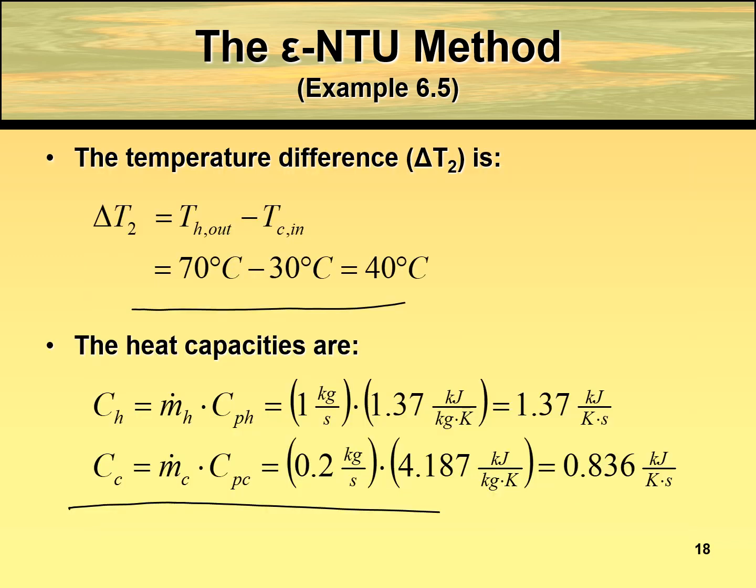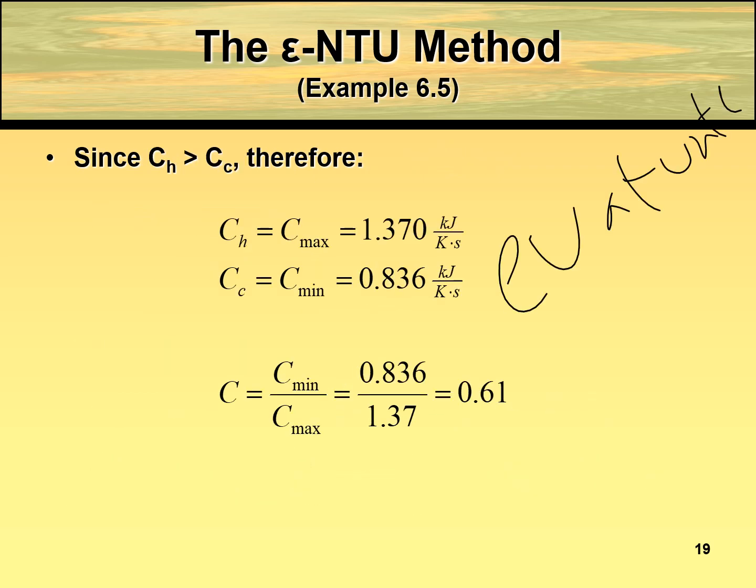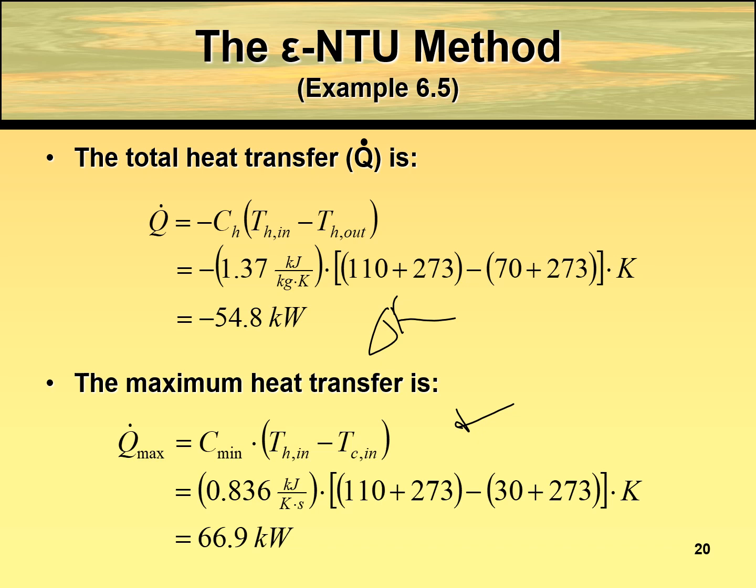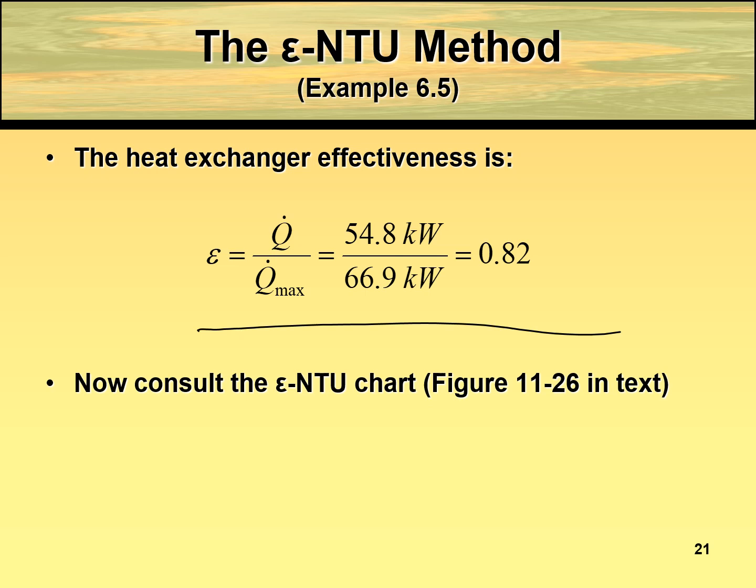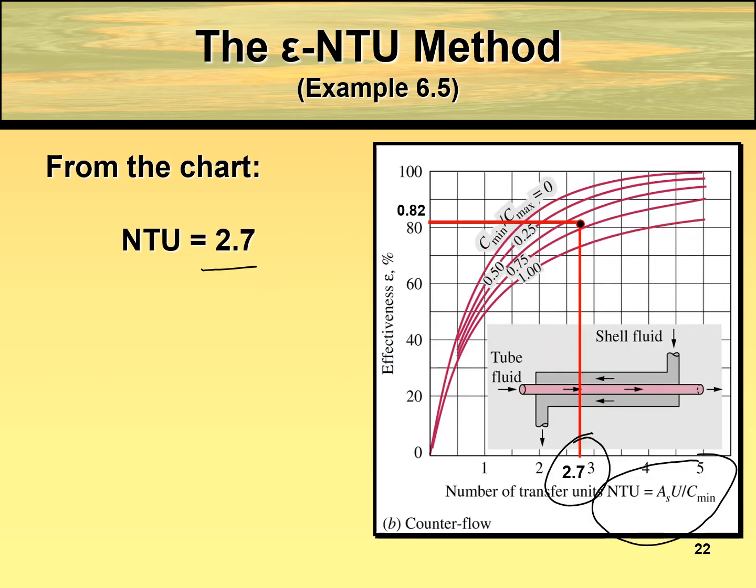Delta T1, delta T2 is available, and then you can evaluate which is C minimum and C maximum based on the heat capacity for the hot fluid and cold fluid. In here, it gives you the capacity ratio of 0.6, and then you need to define another parameter, which is the effectiveness. The effectiveness is 0.82. If you refer to the chart for 0.82 and the heat capacity ratio, this is the line for the heat capacity ratio, so you can define the NTU.